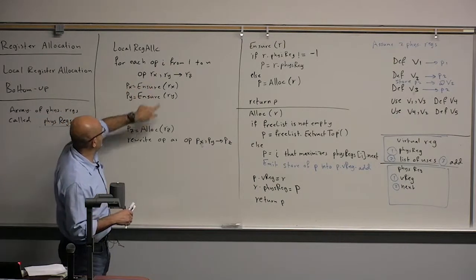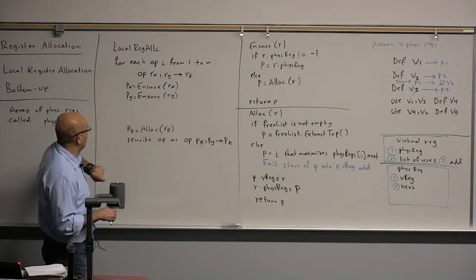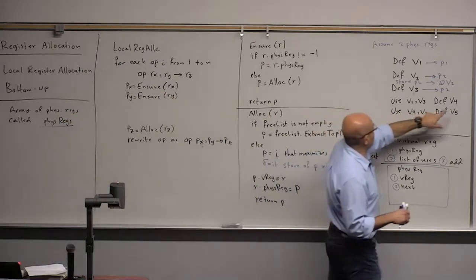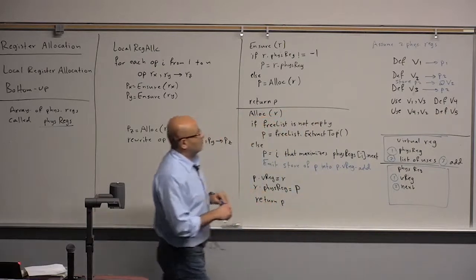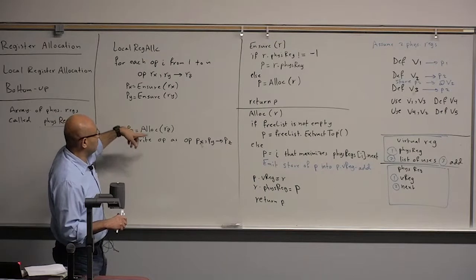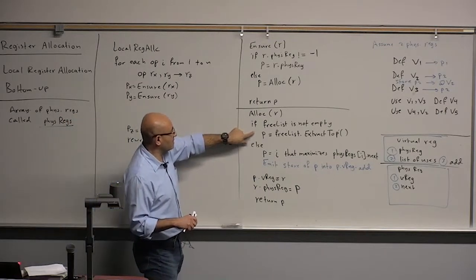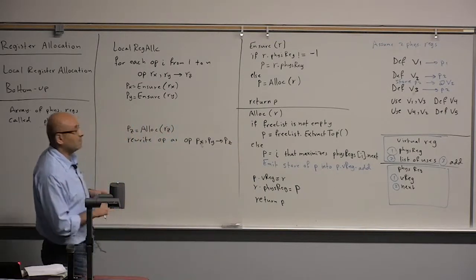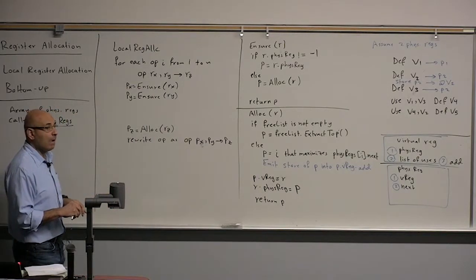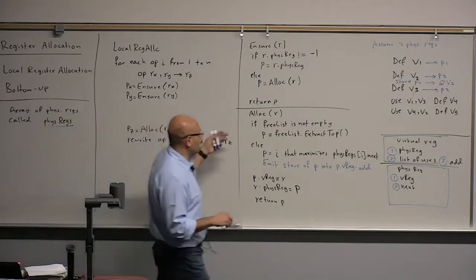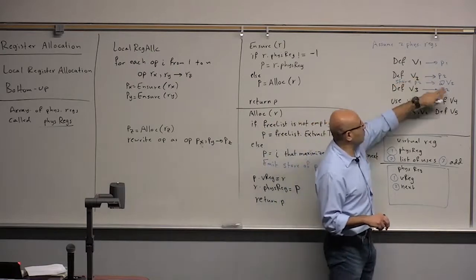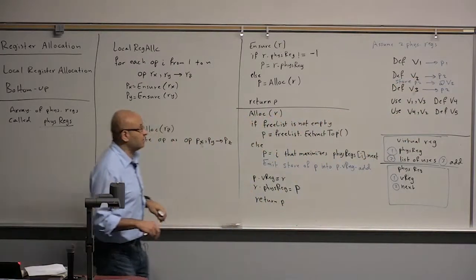Okay. But now we will call ensure of Rx, ensure of Ry, and then we will call allocate on Rz. Rz is going to be V4. When we need to allocate a register for V4, we will look at the free list. At this point, will the free list be empty? It'll be empty, because P1 and P2 are both taken, so they are not free.